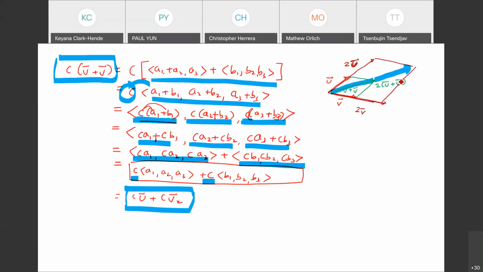What do you call this guy? You call this 2u plus 2v. How's that? If you understand what I'm doing, type yes, please. Yeah, that makes sense. What did you get about u plus v and double it, or double u, double v and added? They're the same thing.